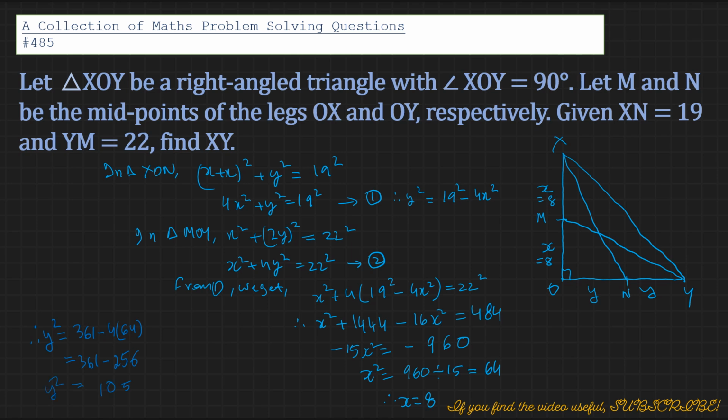That's y square, and therefore y is square root of 105. So we got the values of the sides.